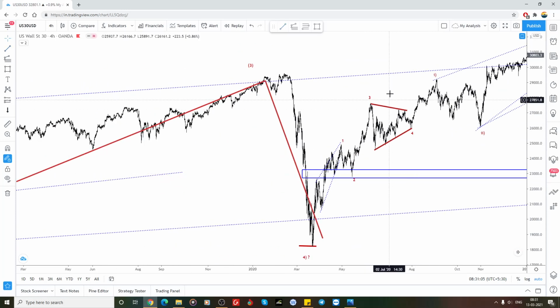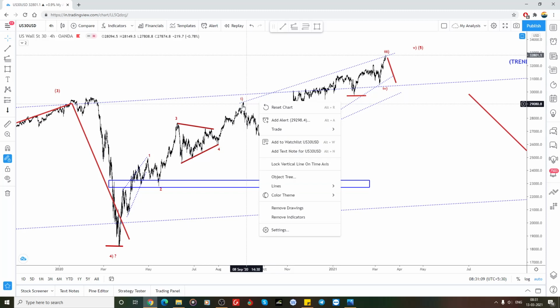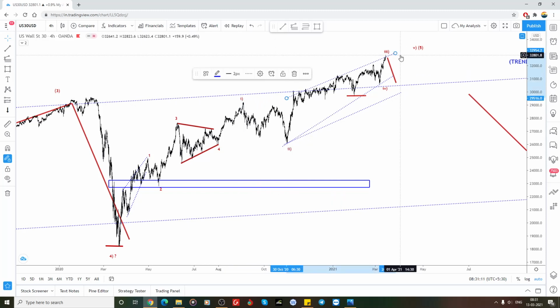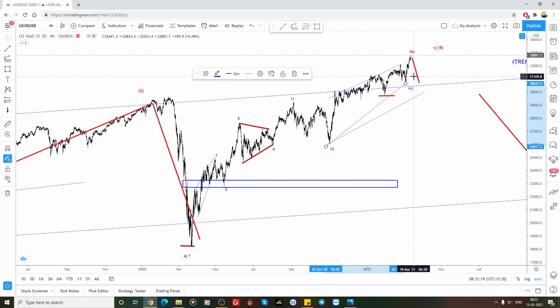So here what I did, 1 2, so if it is a fully bullish scenario, this could be a leading diagonal of wave 1, and this could be a 2, and it keeps moving on, and for the third wave it will get extended.